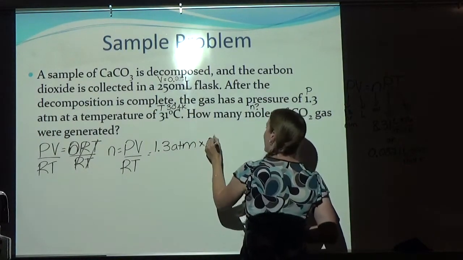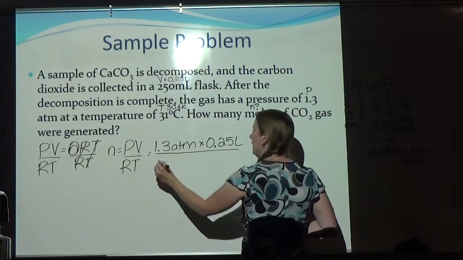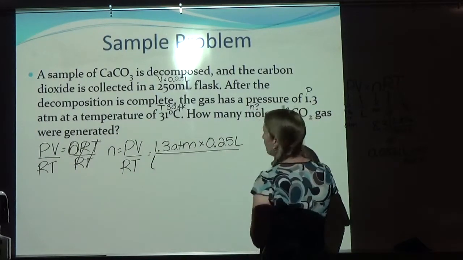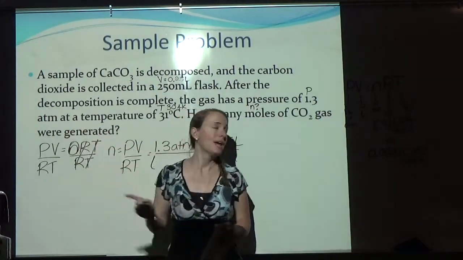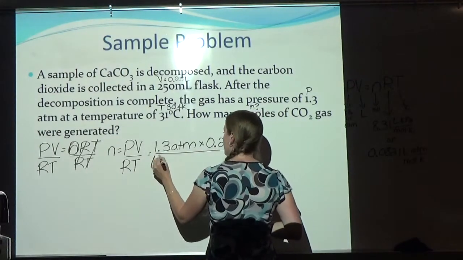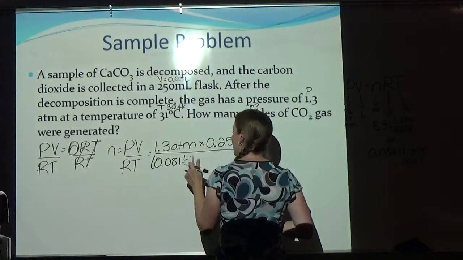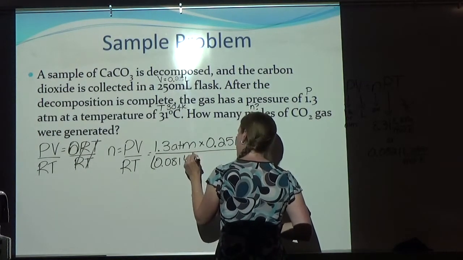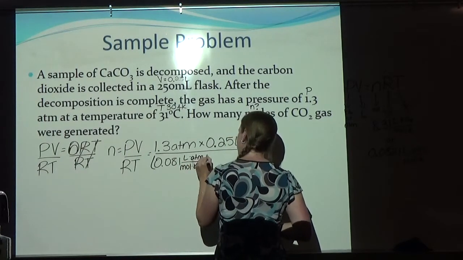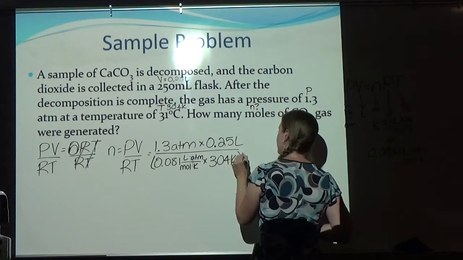My volume, I've changed to 0.25 liters because I needed liters. My R value, remember we have two options, but since my pressure is ATM, I want to pick the R value with the ATM. So it's 0.0821 liters times atmospheres over moles times Kelvin, and then times my temperature, which is 304 Kelvin.